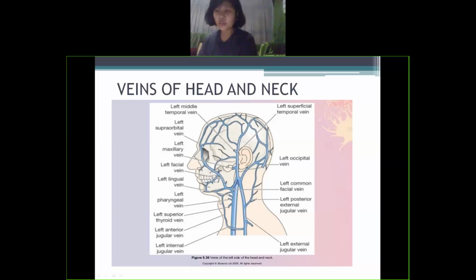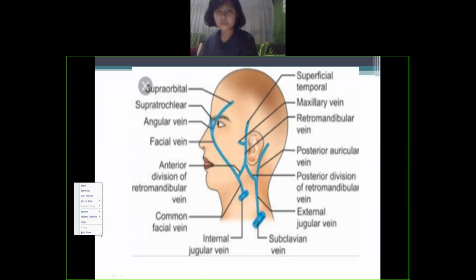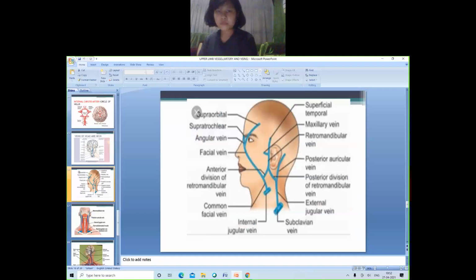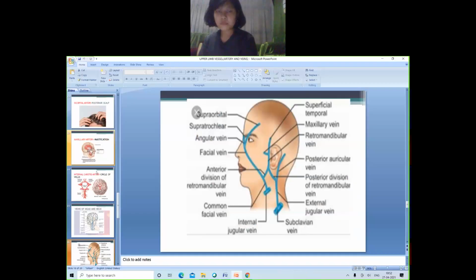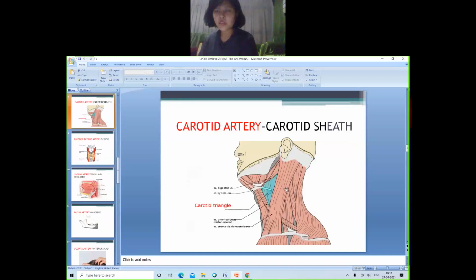They pass in front of the sternocleidomastoid muscle. Here, this is the sternocleidomastoid muscle. This one. So they will pass here. That is the external jugular vein. Means they pass here in the neck.